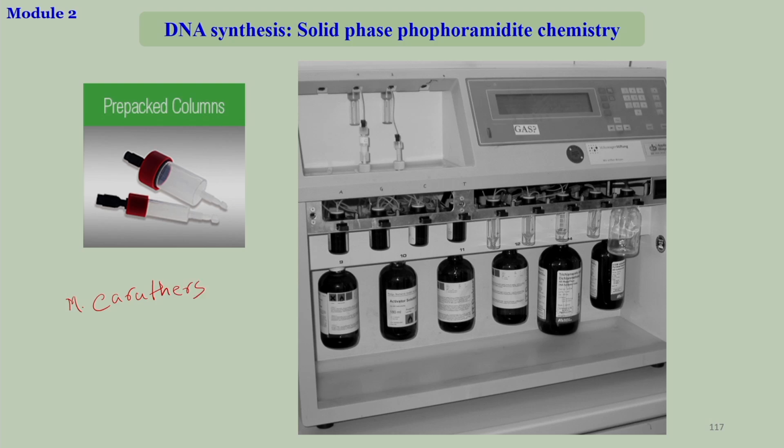He is an American. It is not the same Caruthers who wrote the organic chemistry book. This is Marvin Caruthers, who is famous for developing a complete protocol for the synthesis of DNA stretches, which is known as oligonucleotides. So, when you talk about DNA synthesis, we basically mean oligonucleotides.